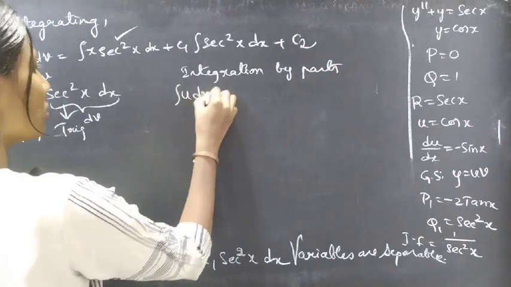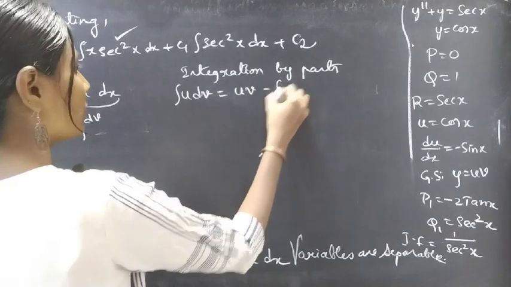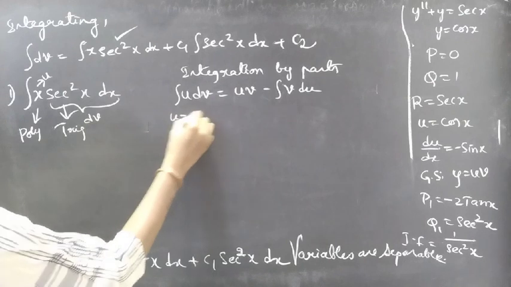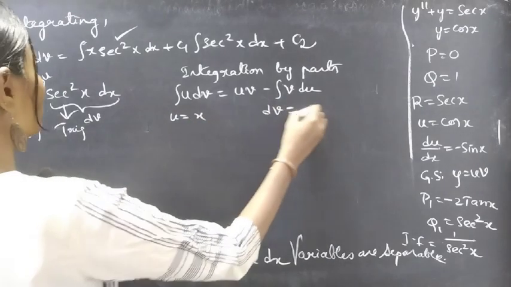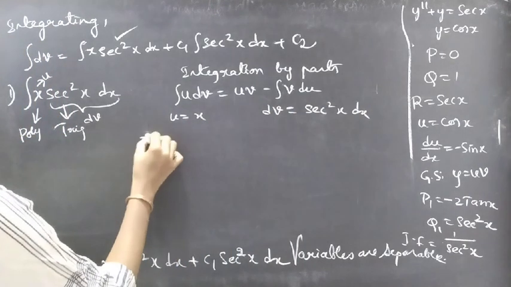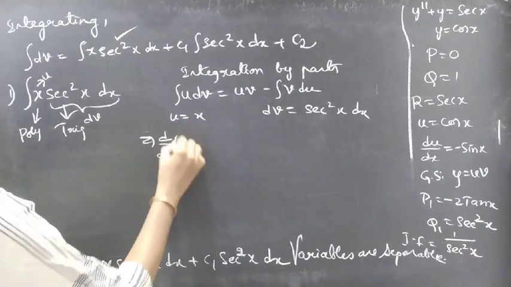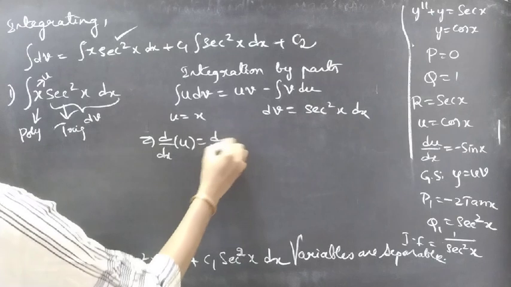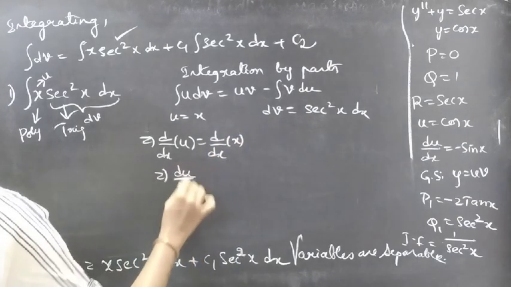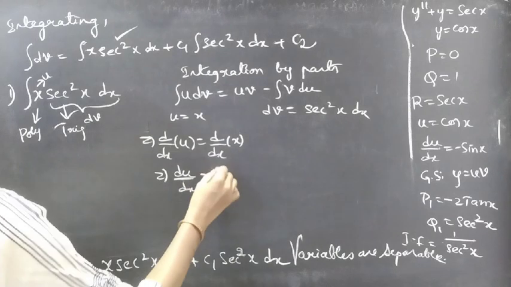Integral u dv equals uv minus integral v du. So we have u equal to x and dv equal to secant square x dx. Differentiate on both sides with respect to x. We'll get du by dx equals the derivative of x with respect to x, which is 1.